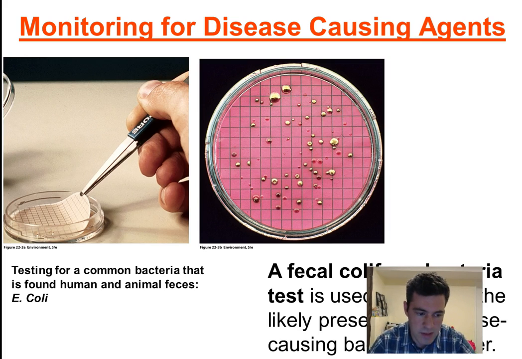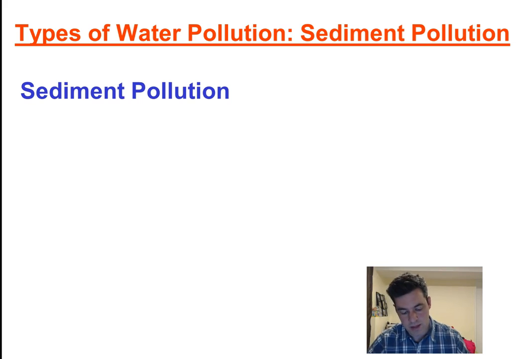And it's something similar to that, and it indicates E. coli present in waterways. And the Clean Water Act in the United States pretty much doesn't allow any E. coli to be in drinkable waterways in the United States. So that's something that's monitored really well here, but as you can imagine, not monitored as well in developing nations. The next type, guys, of pollution that you can see is called sediment pollution.